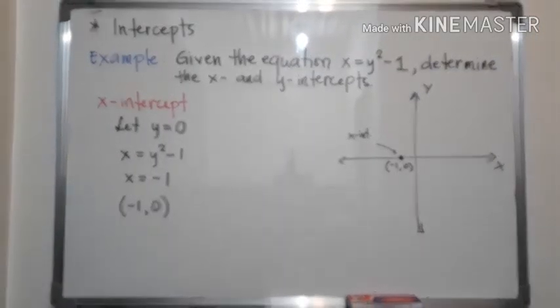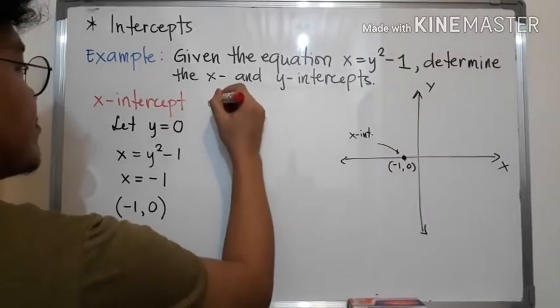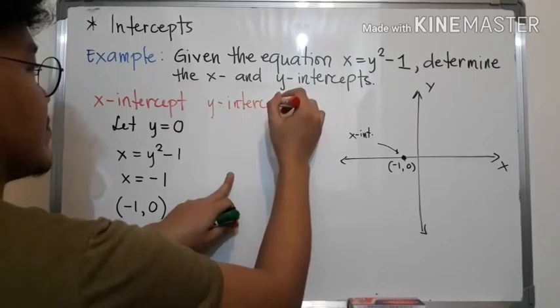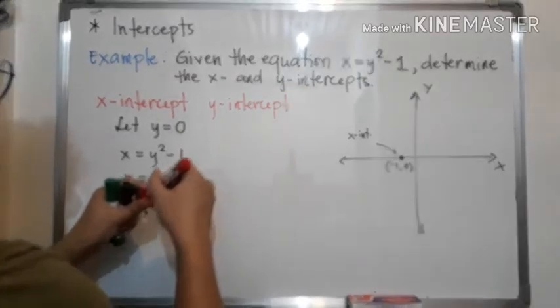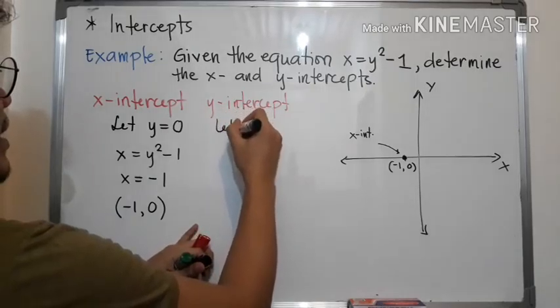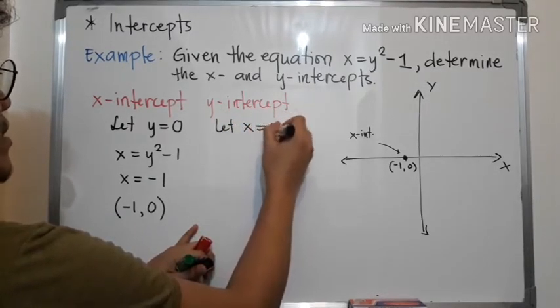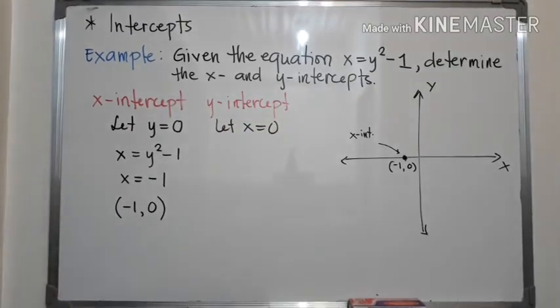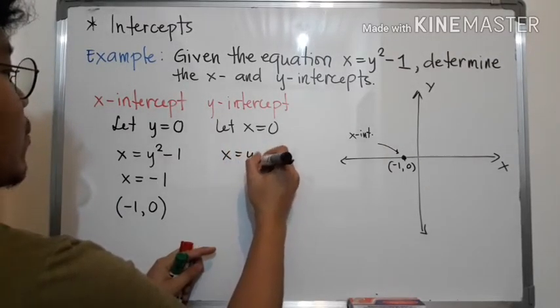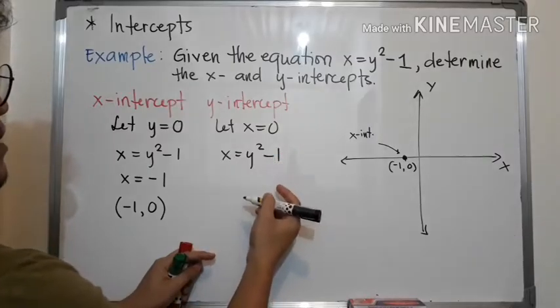Now, to determine the y-intercept, we let x equal 0 and then solve for y. We have the equation x equals y squared minus 1.